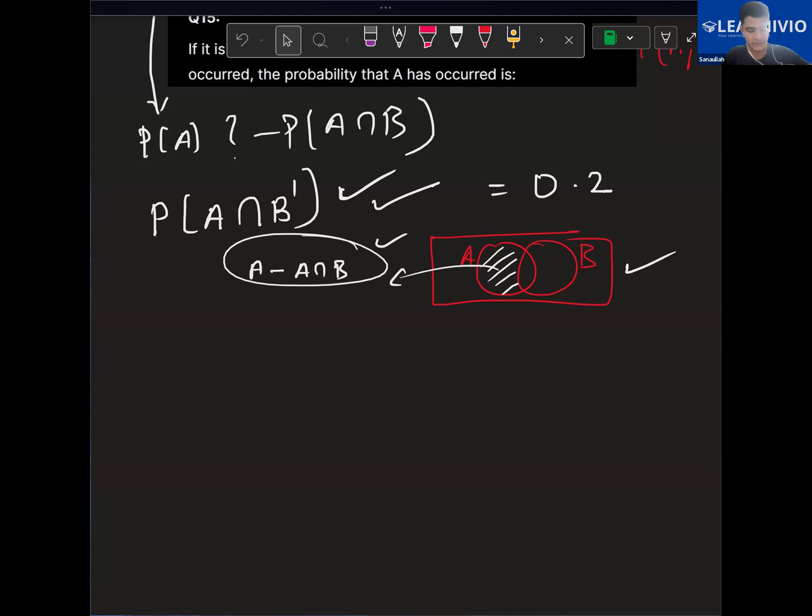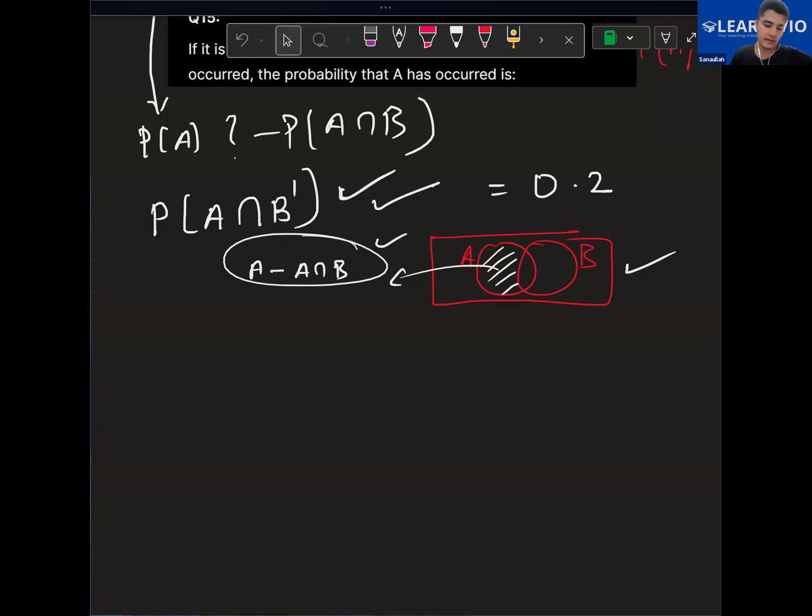Yeah, it is known as the multiplication theorem of probability. That means you actually have to find the probability of the intersection of events. You know the formula for conditional probability.